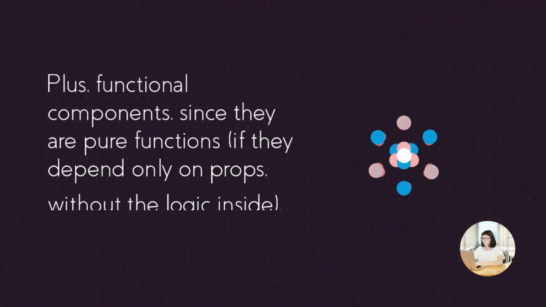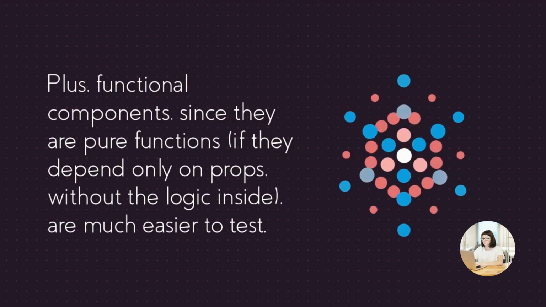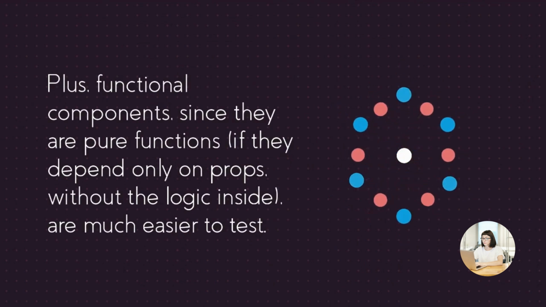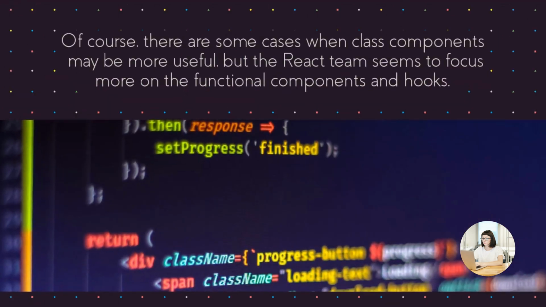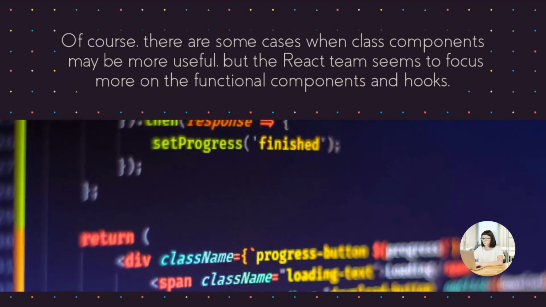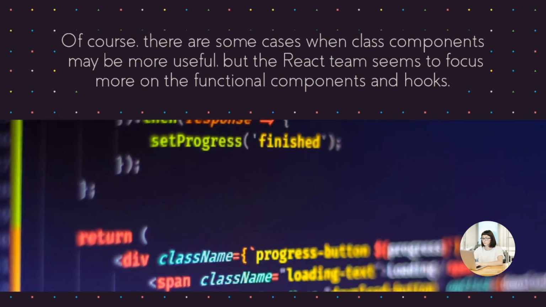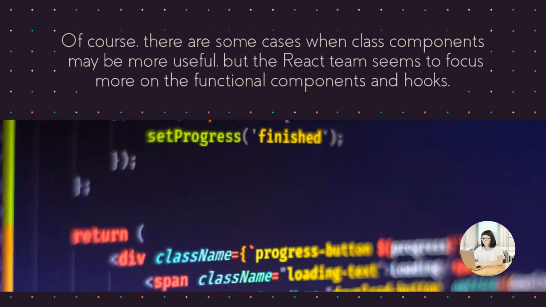Plus, functional components, since they are pure functions, if they depend only on props without logic inside, are much easier to test. Of course, there are some cases when class components may be more useful, but the React team seems to focus more on functional components and hooks.